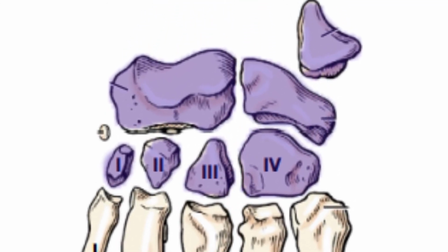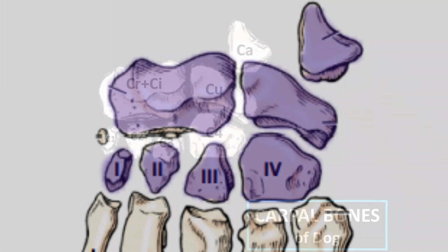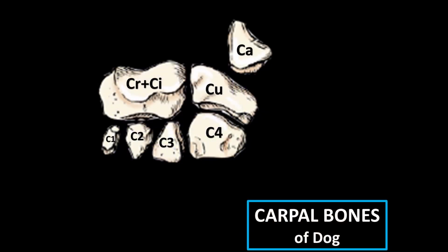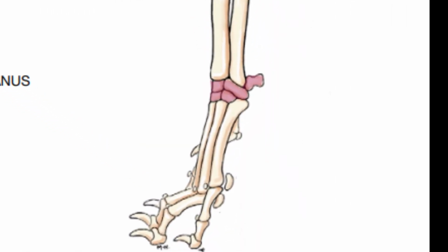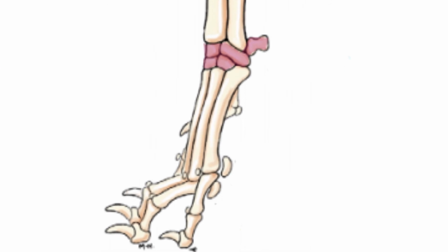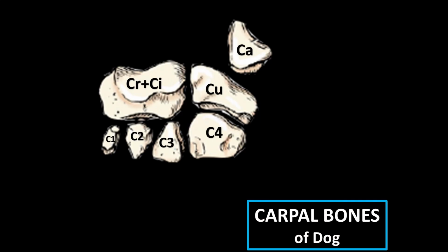I'm summarizing this topic again. Carpal bones are basically a set of short bones which form the carpal joint or the carpus region of the manus. It's just like our wrist. It contains 7 short bones that are arranged in 2 rows, proximal row and distal row.